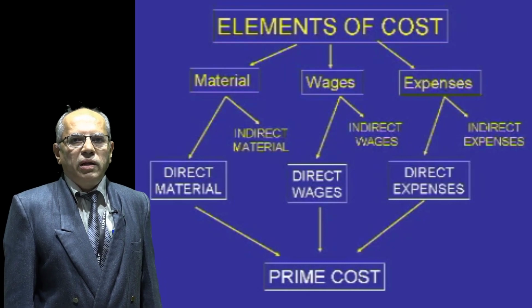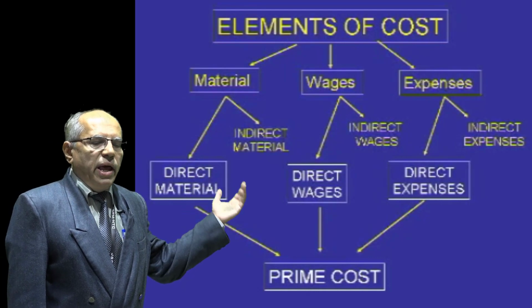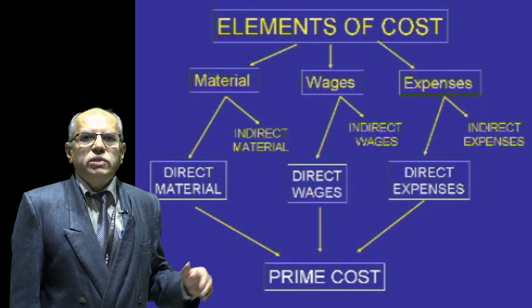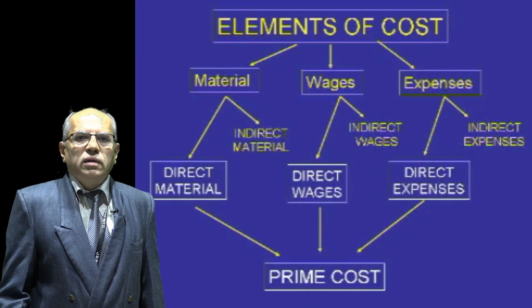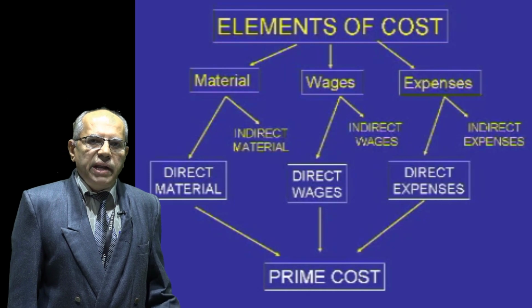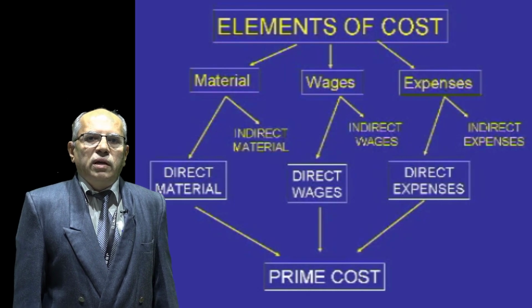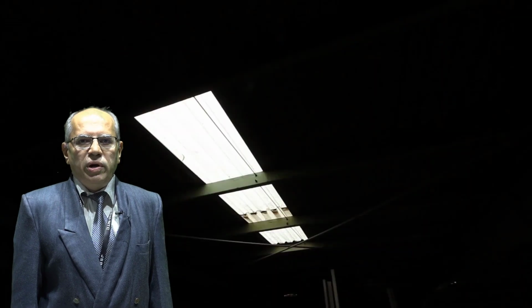The remaining part, that is indirect material, indirect labor and indirect expenses, forms overhead. These overheads are again subdivided into three categories: factory overheads, office and administrative overheads, and the third one is selling and distribution overhead.